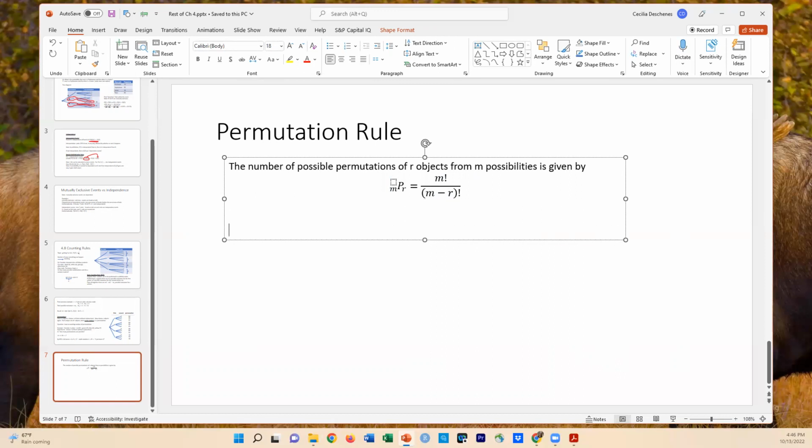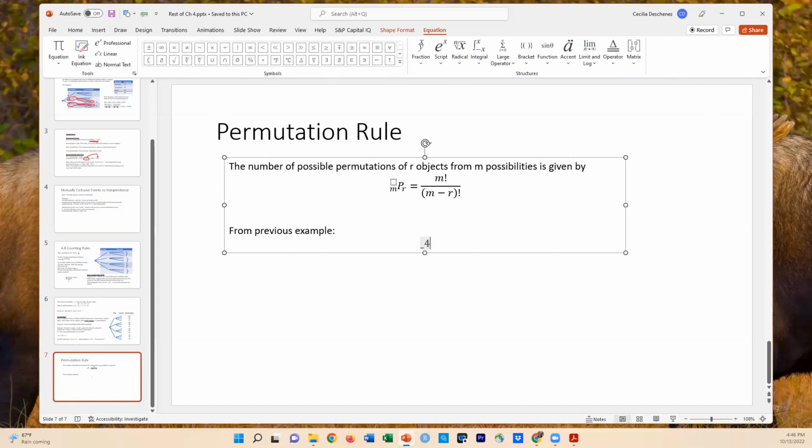So in the previous example, we had that it was 4 permute 2. And what we saw was that we had 12. So let's see how this formula gives us that here. We're going to do the 4 factorial. We're going to divide that by 4 minus 2 factorial.